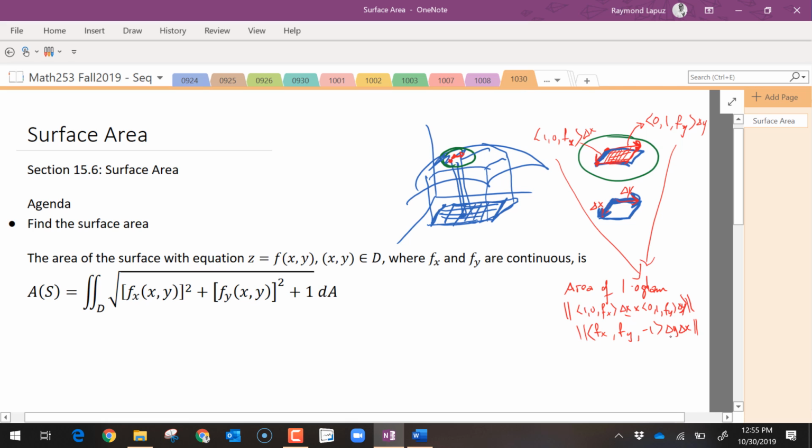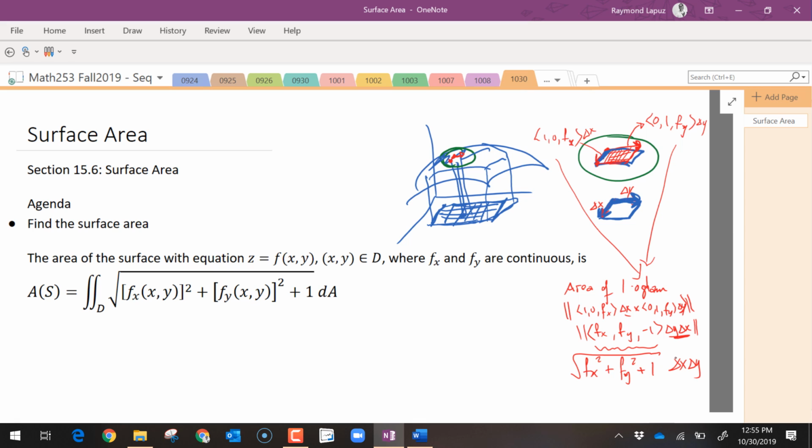And then when you take the magnitude of that, these delta x, delta y just go outside, because they're positive scalars that can just go outside of the magnitude sign. And then you take the magnitude of this.